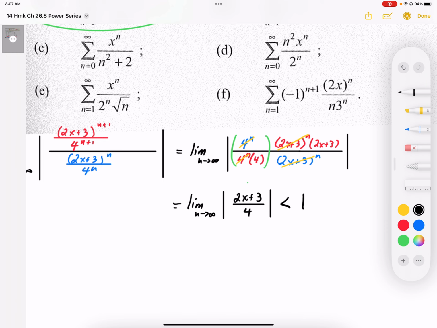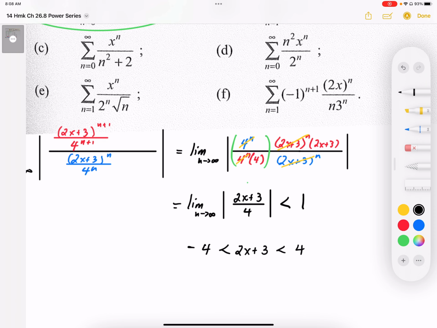So for the right, I'm just going to multiply this through by 4. So we're going to end up with 2x + 3, and then that's going to be less than 4. And then on the other side of that, 2x + 3 is going to be greater than negative 4. So I've multiplied the inequality by 4.